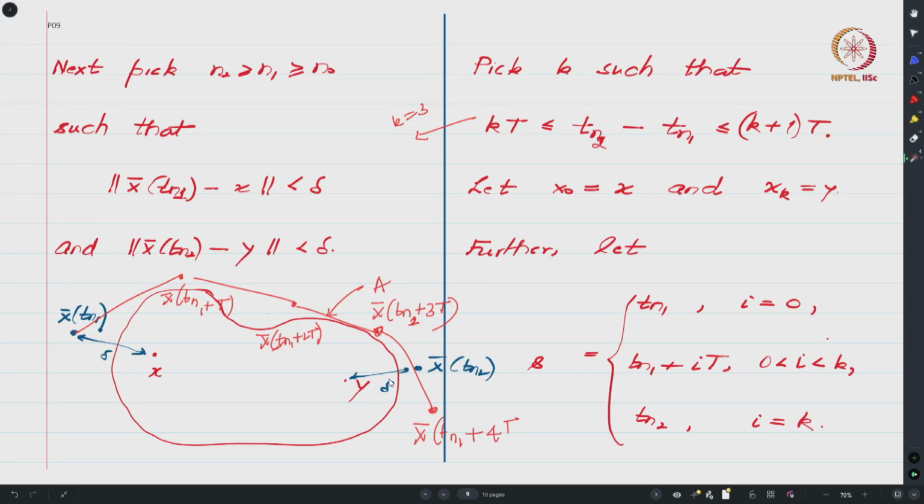So that is the interpretation of this k that is chosen in this fashion.